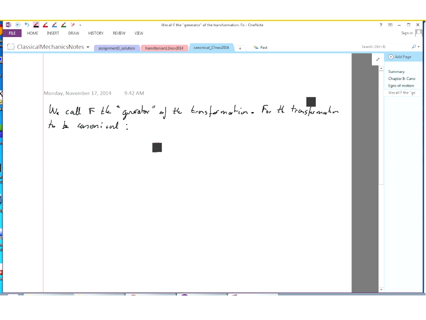Those conditions were that little pi equals ∂f/∂qi, big Pi is minus ∂f/∂capital Qi, and the new Hamiltonian K is given by h plus ∂f/∂t.